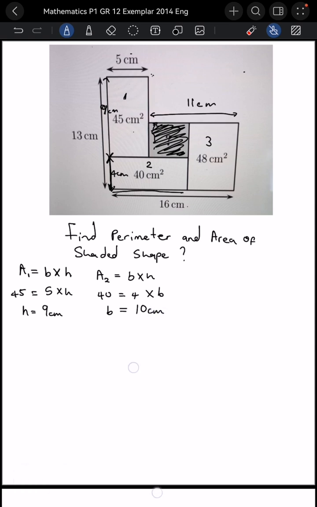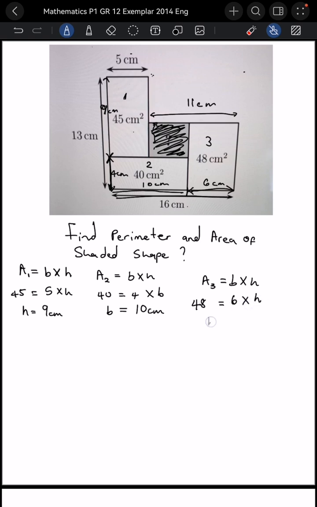And then we go to area number 3. Area number 3 is also equal to base times height. Then we say, okay, cool. Area number 3 is equal to 48. What is the base, which is this one here? Same story. If this is 16, and this has already been found to be 10 centimeter, therefore this one is 6 centimeter, which is the base of area number 3. 6 times the height of area number 3, which we do not know.